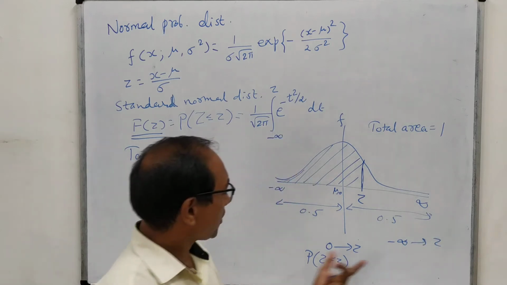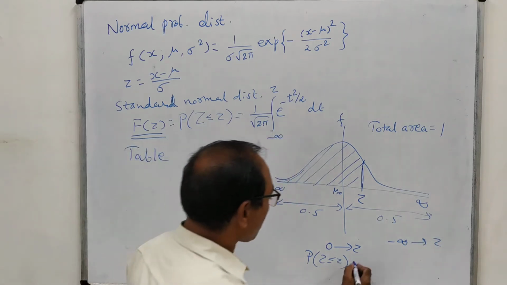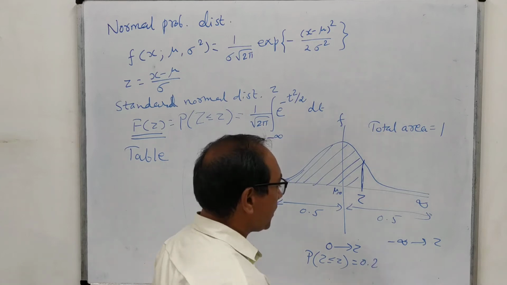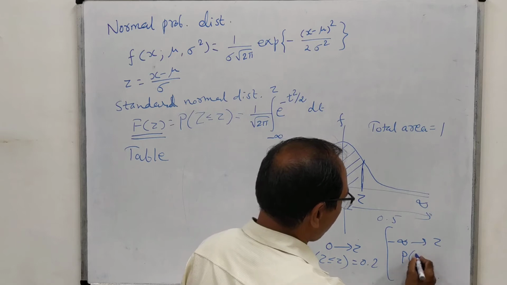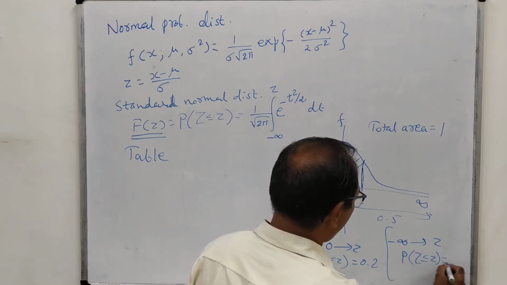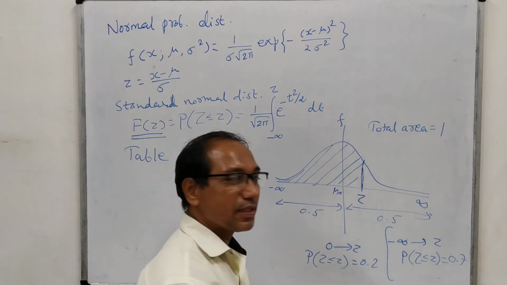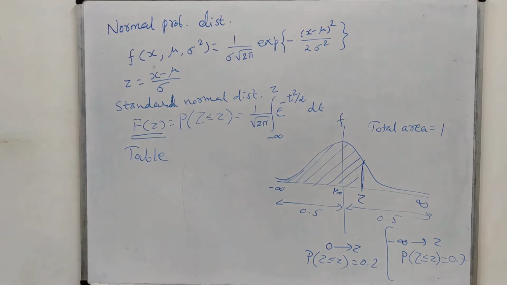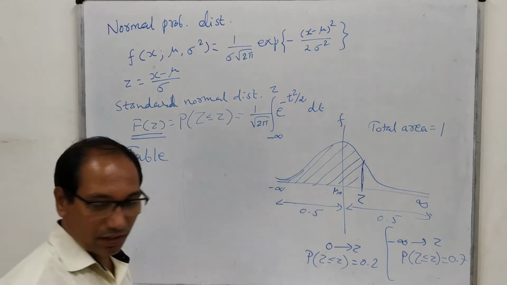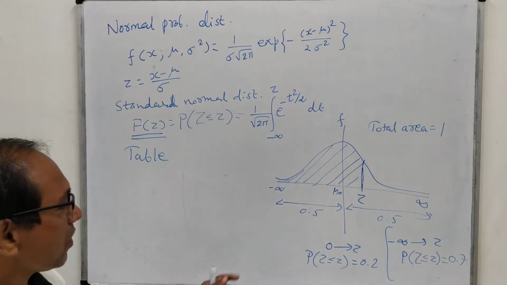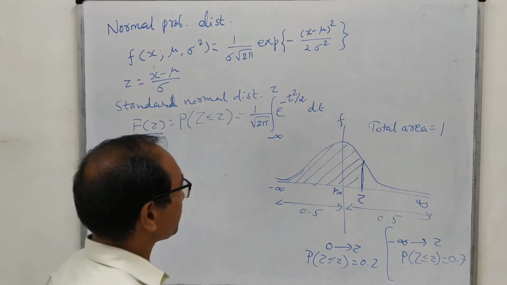So the only difference is 0.5. If it is given as 0.2, then in this case probability of z less than or equal to z will be 0.7, as 0.5 is added. Nothing is more difficult. But we will consider this table only from minus infinity to z, so you don't get confused between these two.